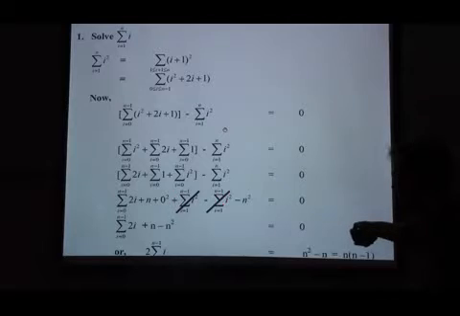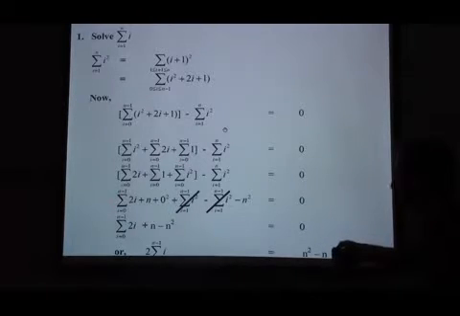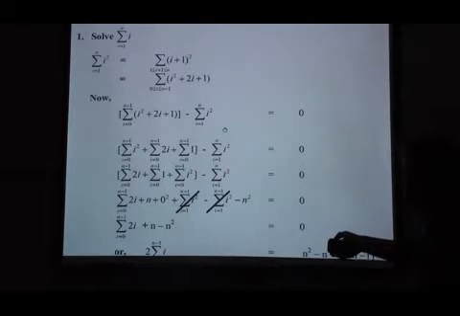These are the cancellations. So now I have to compute these summations. This is a summation as i goes from 0 to n minus 1 of 1. That means 1 plus 1 plus 1 plus 1 plus 1. How many times? n times. That's the n. And then I am left with the summation from 0 to n minus 1 of 2i.